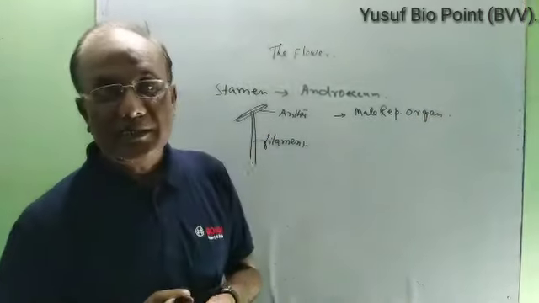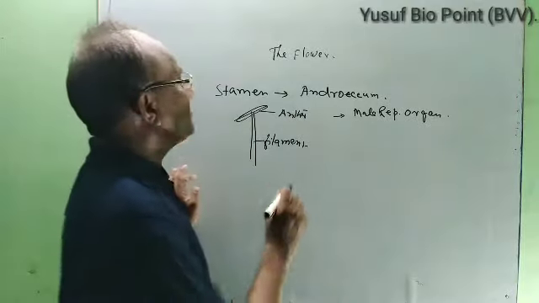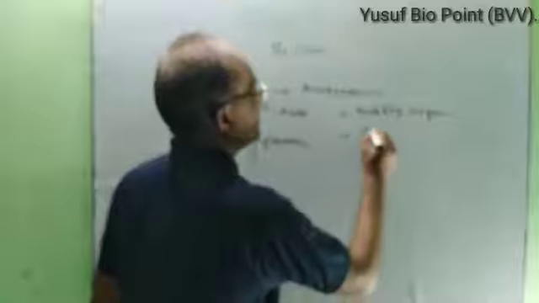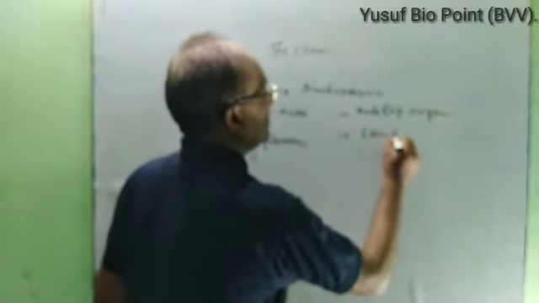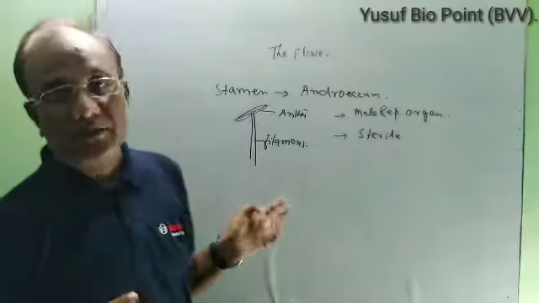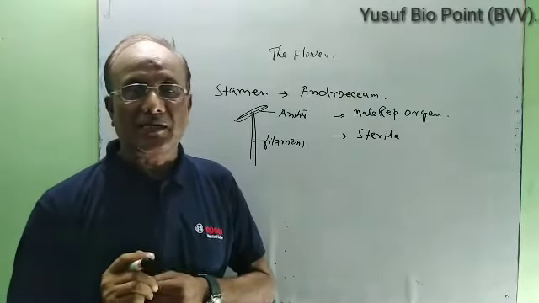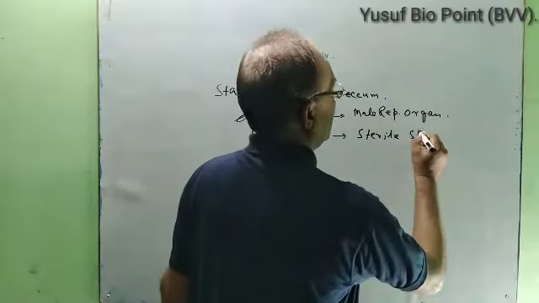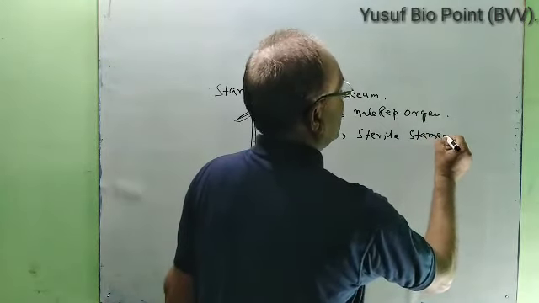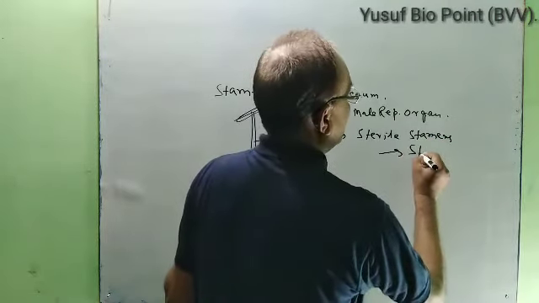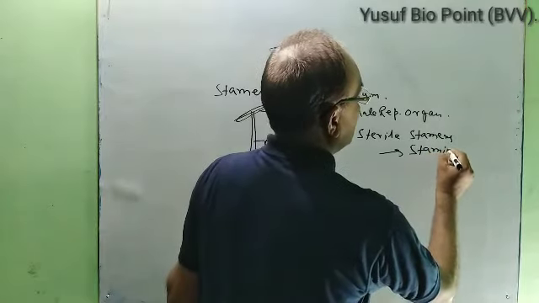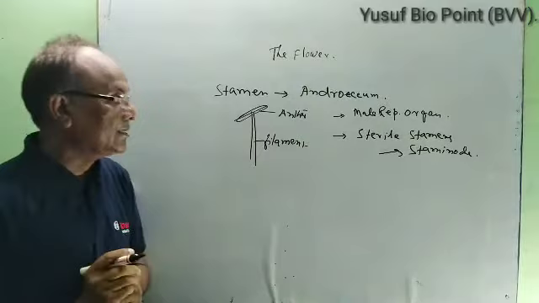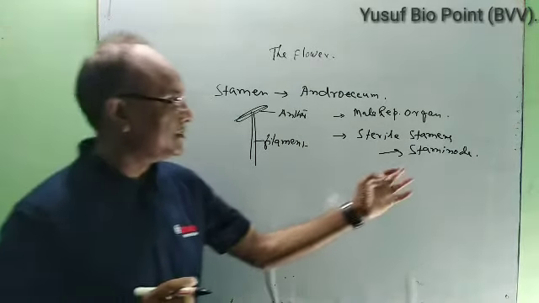Sometimes the stamens are sterile, means they cannot take part in reproduction. So sterile stamens are called staminode. स्टेराइल स्टेमेंस को हम लोग किस नाम से जानते हैं?